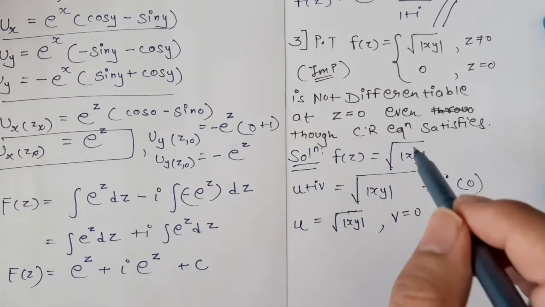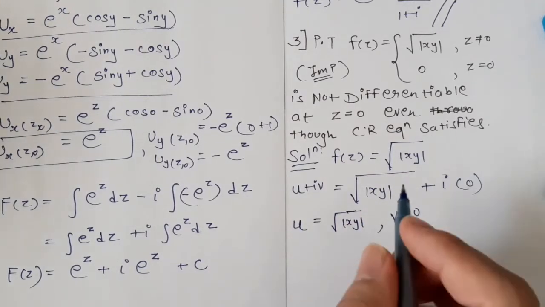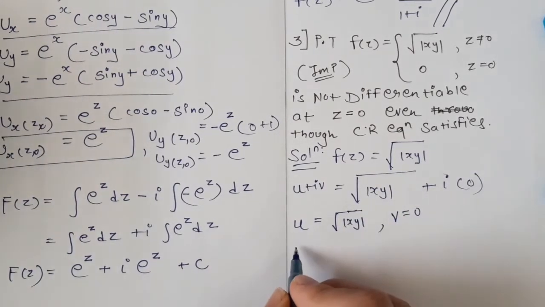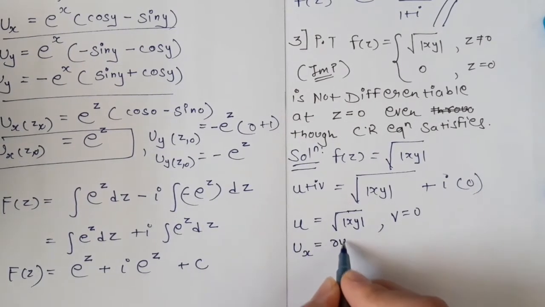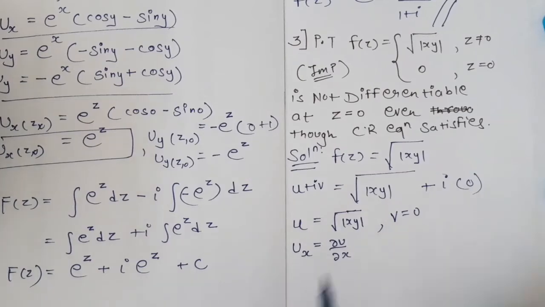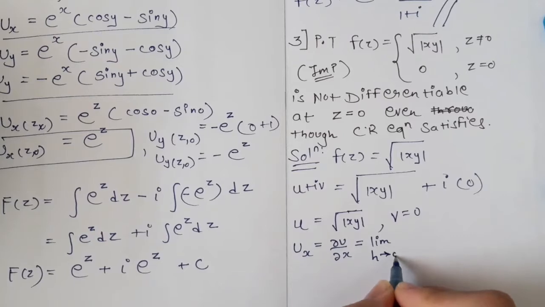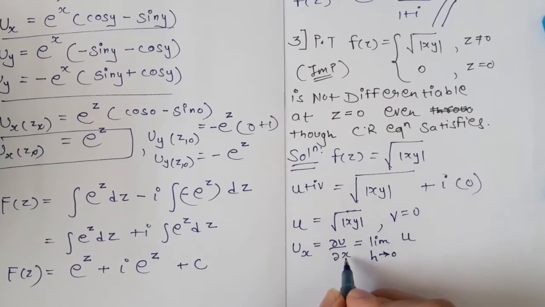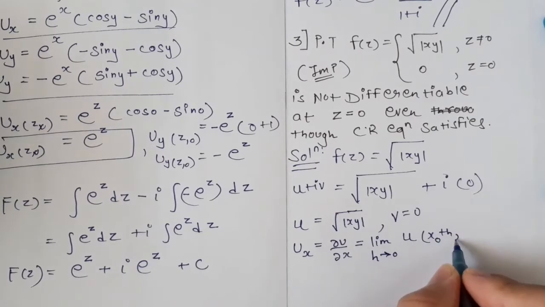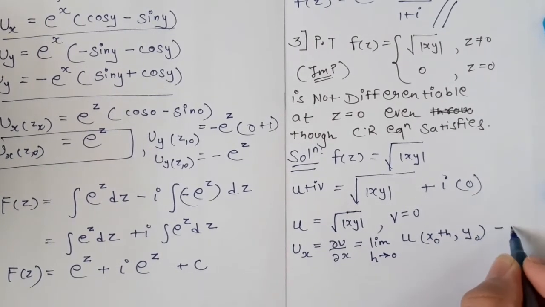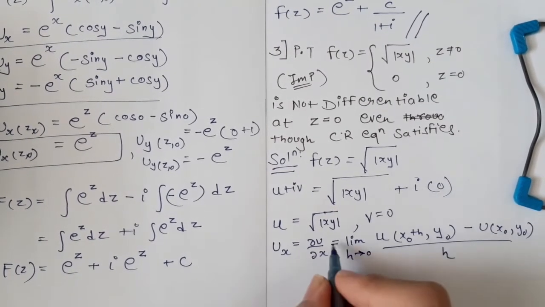So now in the question it is written that the CR equations are satisfied. So first we will check whether the CR equations are satisfied or not. So here u_x can be written as del u by del x. Now this del u by del x according to the definition can be written as limit h tends to 0 of u of x0 plus h comma y0 minus u of x0, y0 upon h.